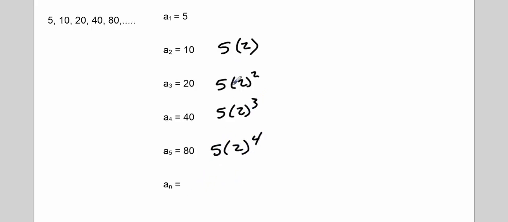And then we look at common things happening. We have 5, we have 2, and then we look at the relationship between the subscript and the power. In each case, that subscript is 1 more than the power, or the power is 1 less than the subscript. 5 was the first term. 2 happened to be the ratio to the n minus 1, gives us whatever term we're looking for.